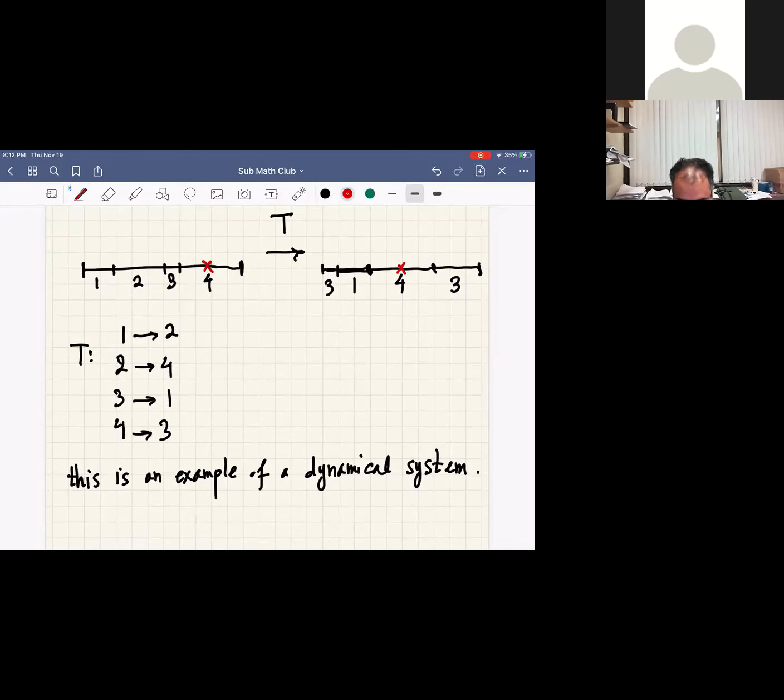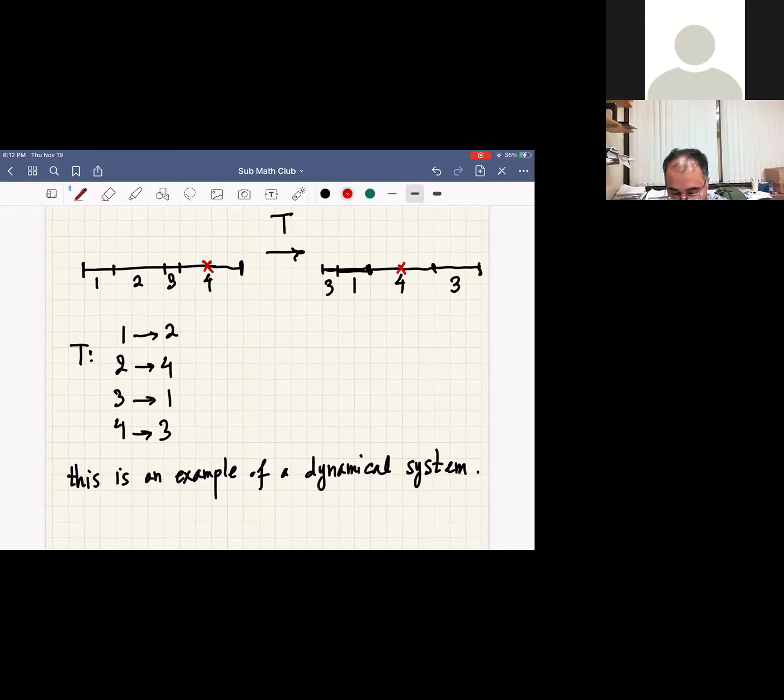The interval in the first place, with label 3, is supposed to move to the second position, the interval in the second position is sent to the fourth position, the third interval to the first position, and so on.